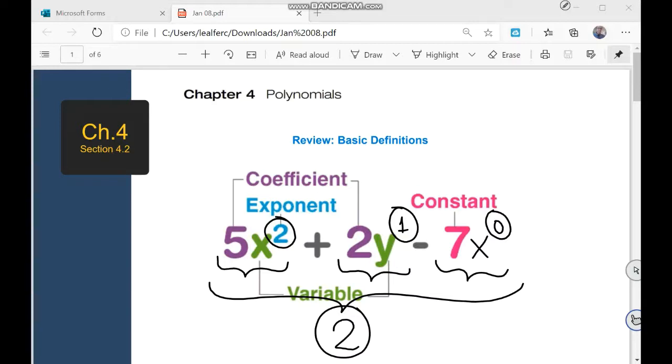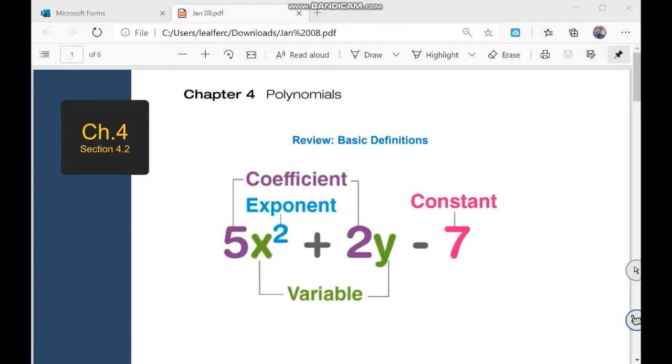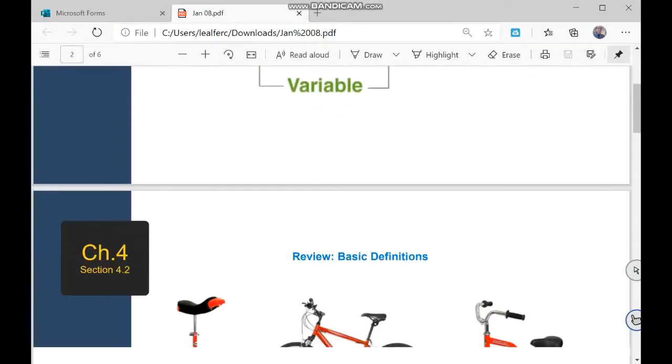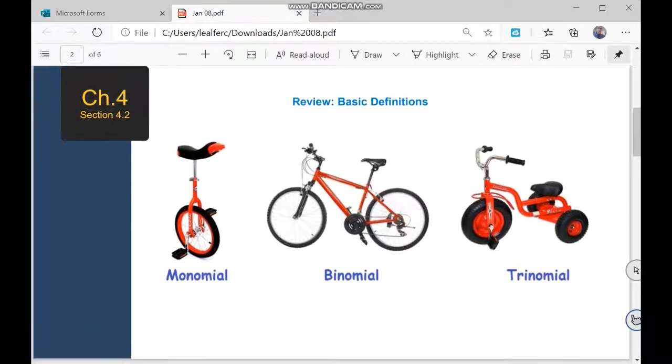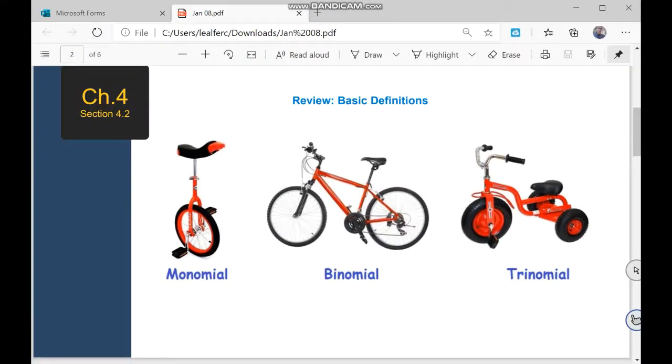And also we have seen yesterday some special names. Do you remember this? We didn't see this picture yesterday. I brought this picture today to help you remember about the special names. If the polynomial has just one term, it's called a monomial, like the monocycle, monomial.